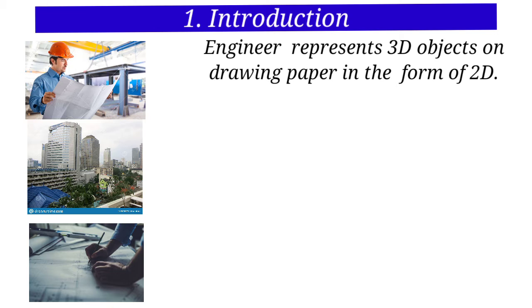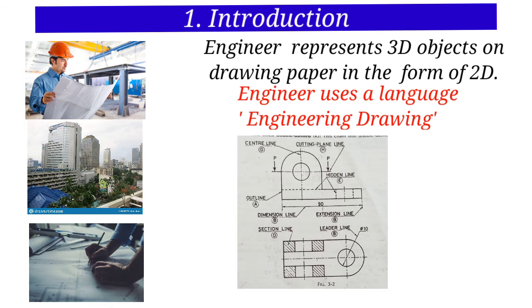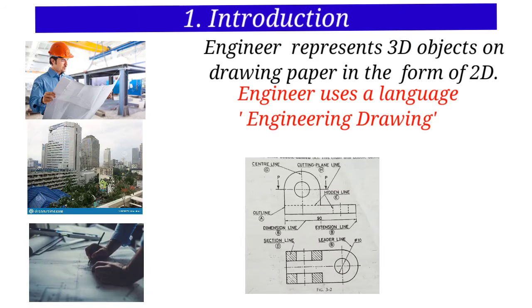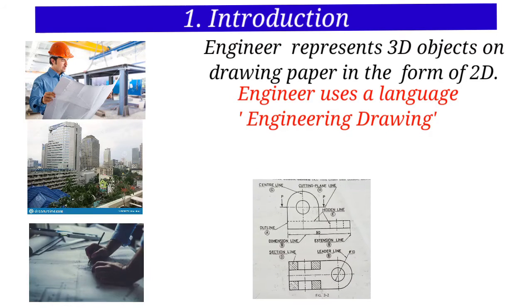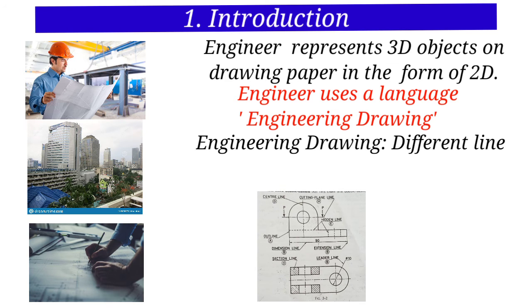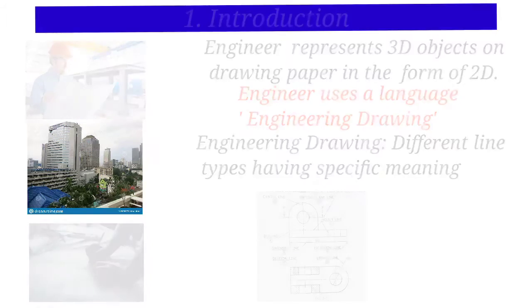Hence, the only possible media accepted universally by which an engineer can express his or her ideas is the language of lines or the graphical description, commonly called engineering drawing, which is a systematic combination of different conventional lines.